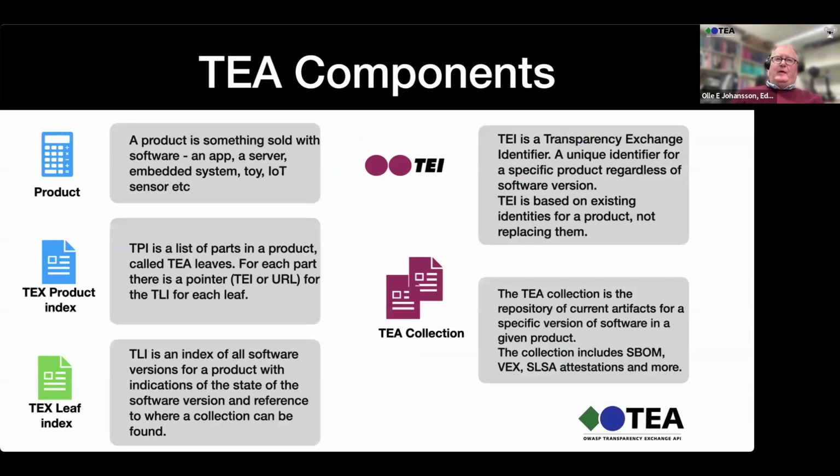We have something we call the Transparency Exchange Identifier, which is a unique identifier for a product that's sold either on the consumer market or the business market. We have various indexes we're going to go through later, and something we call the T collection, which is, for a given version of a given product, the number of artifacts that are reachable.